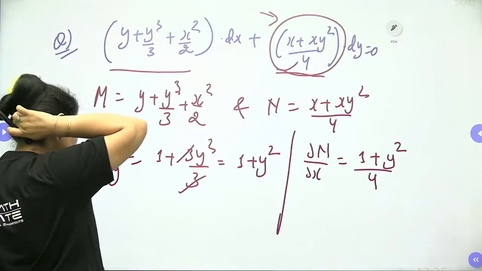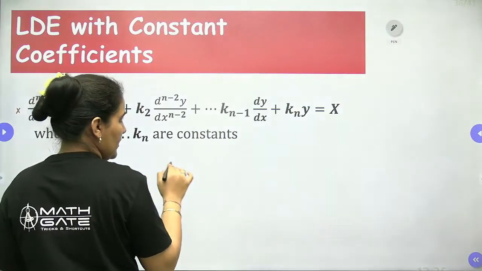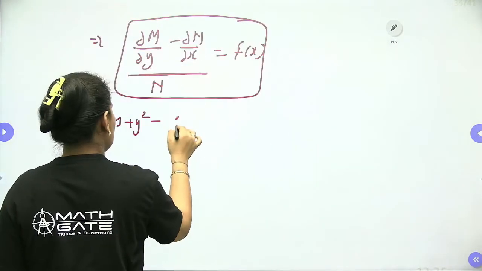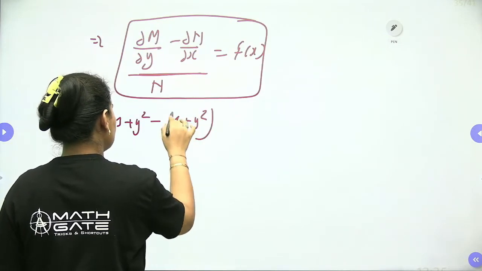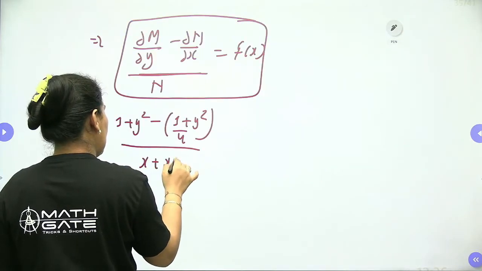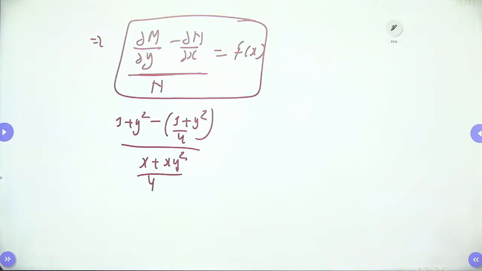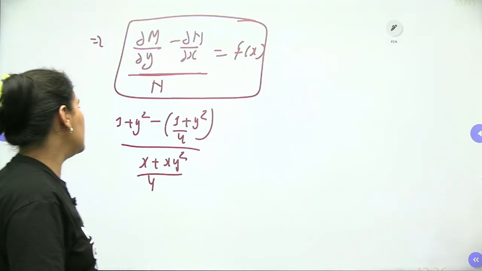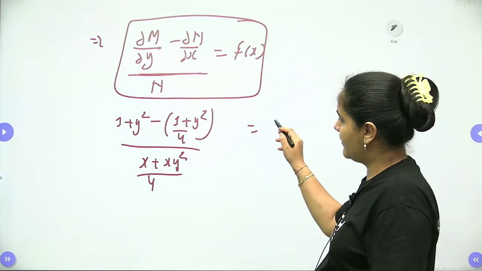So let's approach it, guys. We have the value 1 + y² minus (1 + y²)/4, divided by n, where n is x + xy²/4. Let me write it in a different manner so that we can take the LCM.